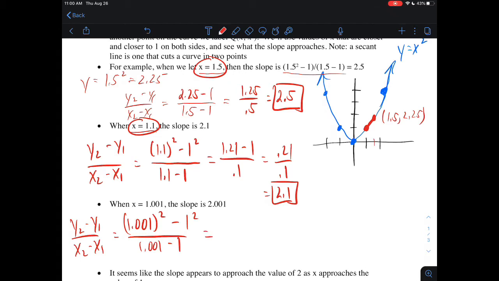So then 1.001 squared, that's 1.002001. And then when I subtract 1.002001 minus 1, and then divide by 0.001, that just gives me 2.001.